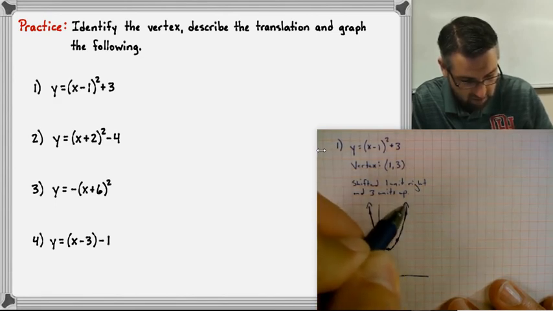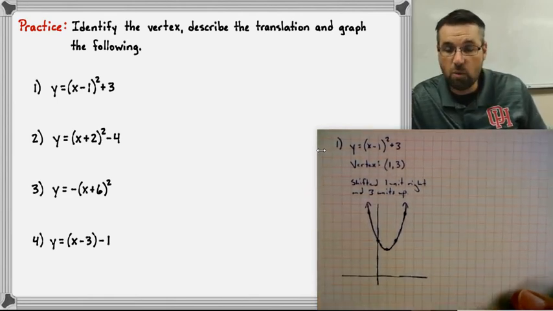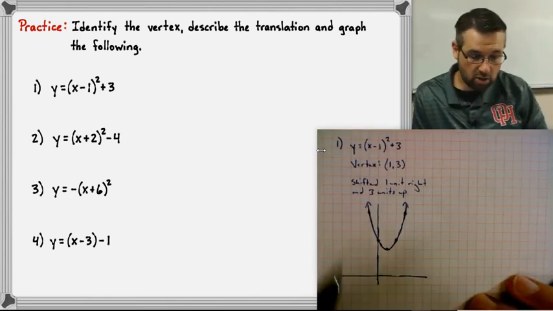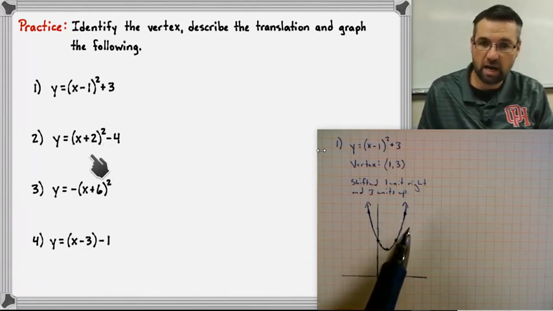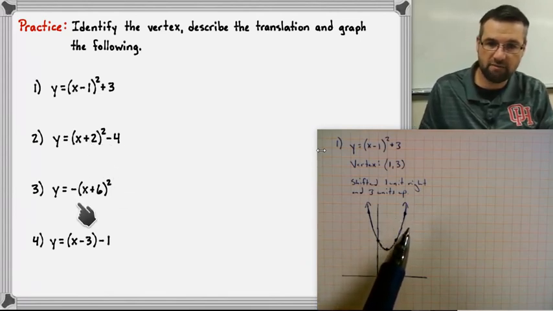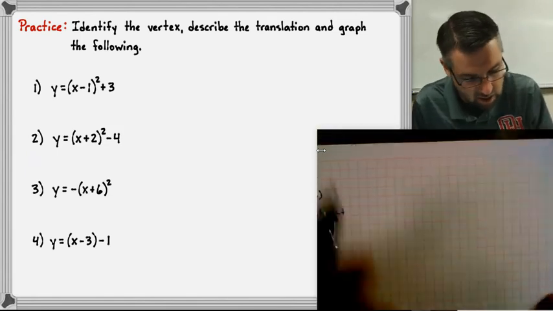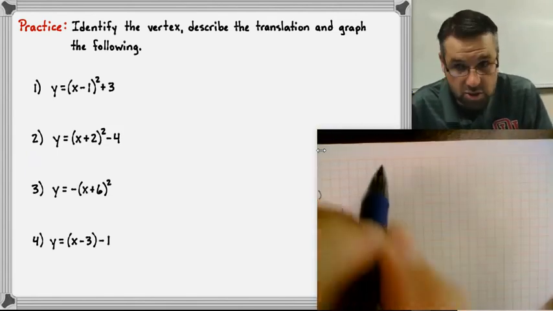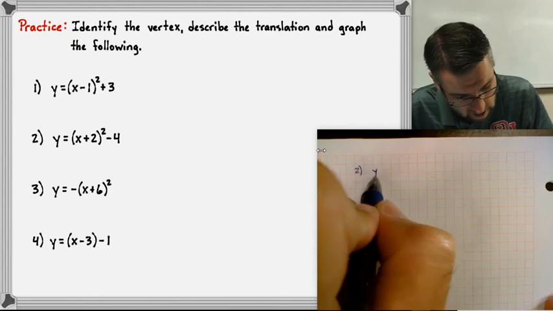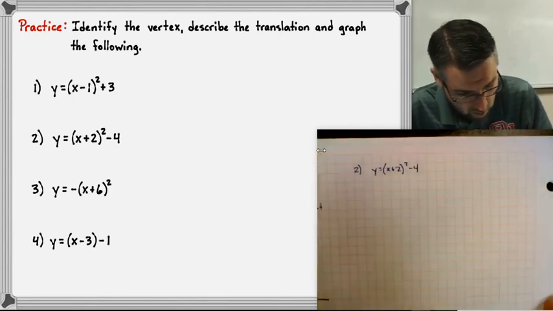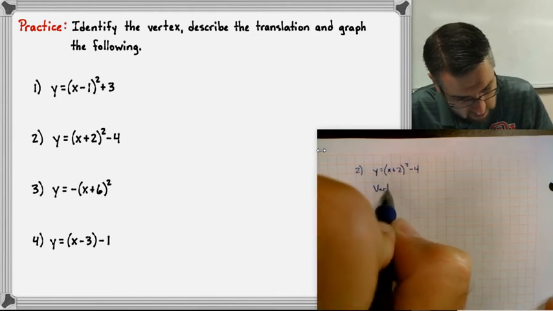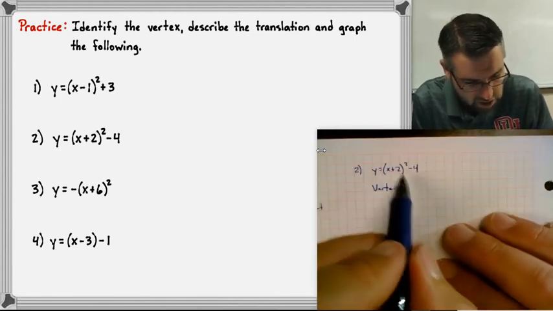Now, I have a bunch of other examples here because I want to make sure that we see all different examples of the signs, what happens with these signs, and be consistent with that. I also have a negative there. Let's see what happens with that guy. For number 2, we've got y equals x plus 2 squared minus 4. So our vertex, remember, change the sign here.